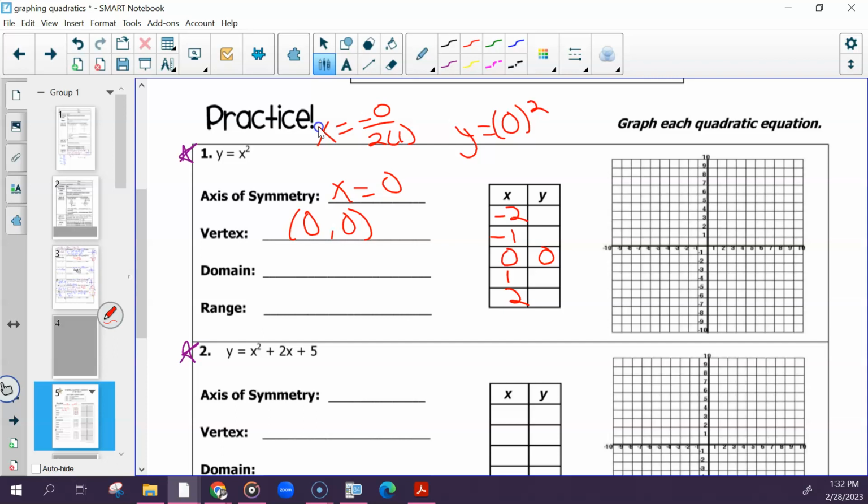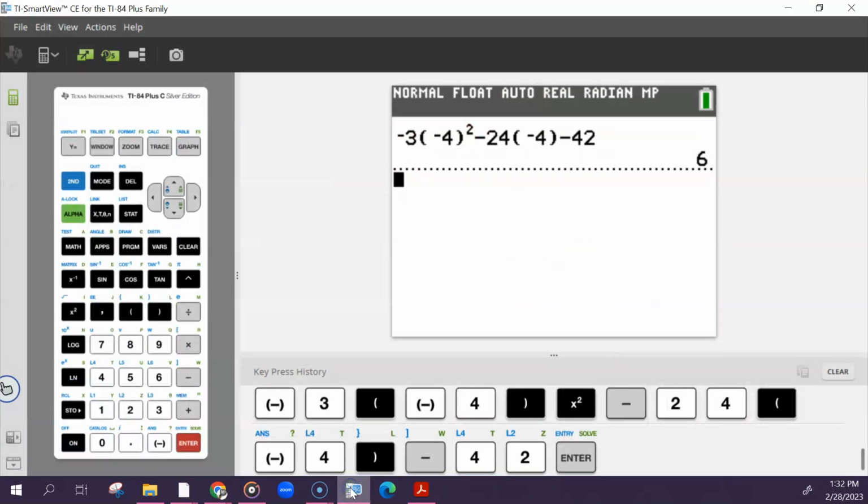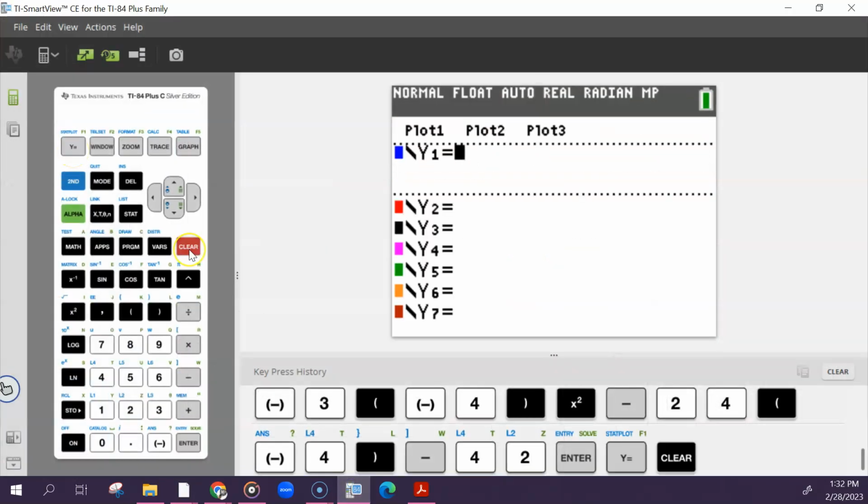For this problem, it would be easy, but once you have more numbers, it'll be a lot of work. So I'm going to put this in the calculator. And look at my table.